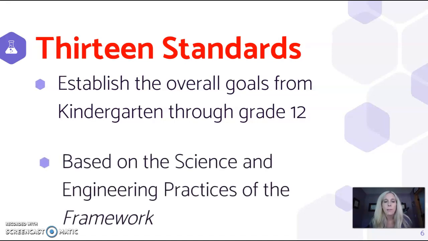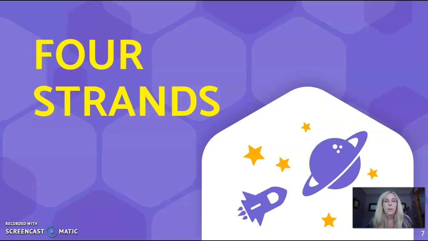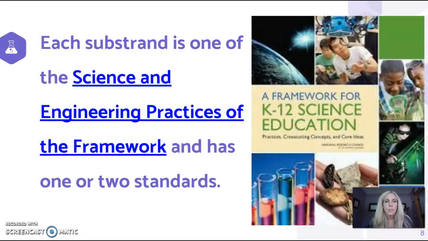They are based on the science and engineering practices of the framework book. There are 4 strands and 8 substrands within each standard. Each substrand is one of the science and engineering practices of the framework and has 1 or 2 standards.